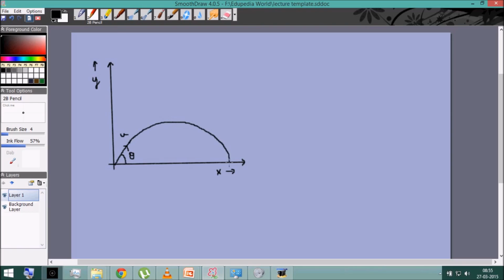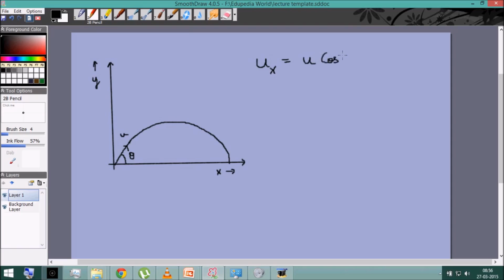So let's look at the standard problem which we solve, which will be the problem of projectile motion. This is my x-axis. This is my y-axis. Keep in mind, the moment I draw the axis, I've also decided the directions which are positive. The right direction is positive in the x, and the upward direction is positive in the y.